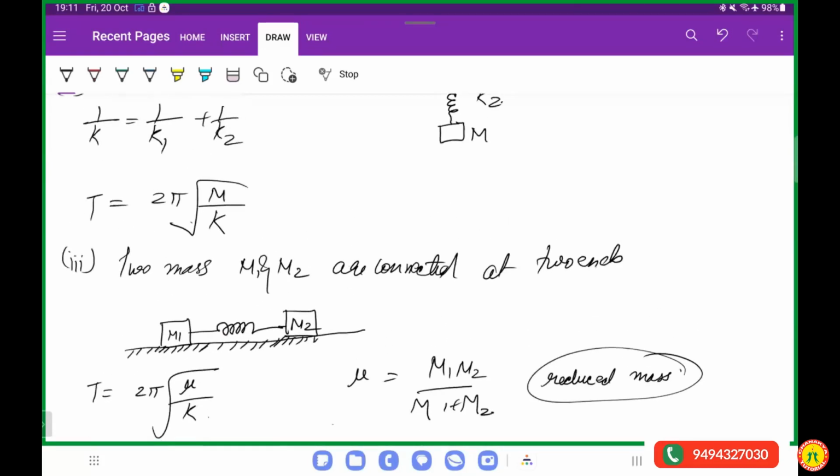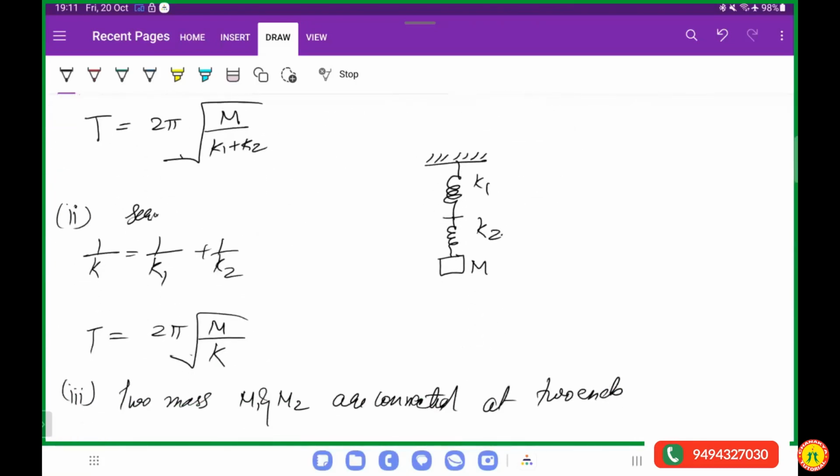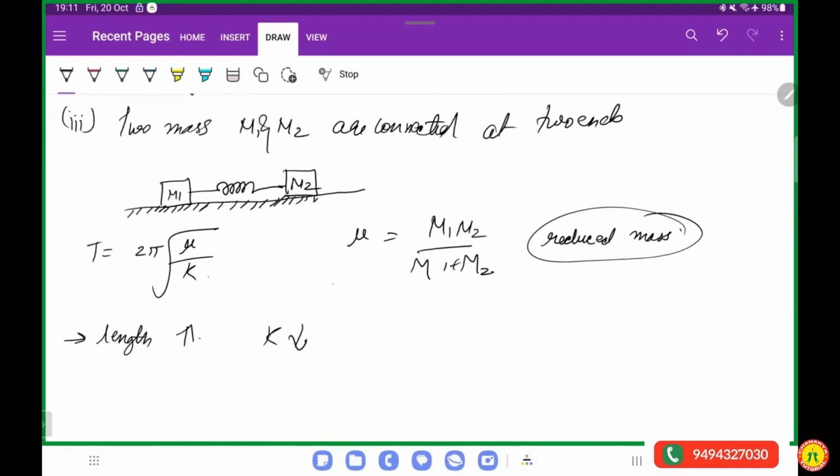So with this we can have one conclusion: when the spring length increases, the spring constant K decreases. In the same way, if length becomes n times, K becomes 1 by n times.